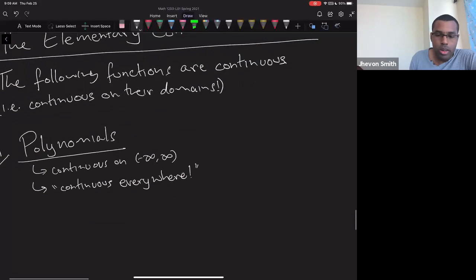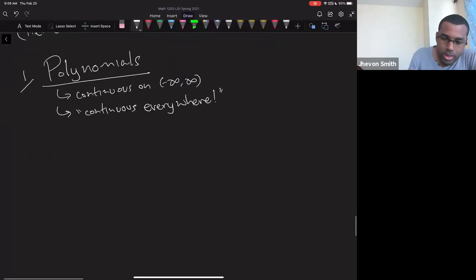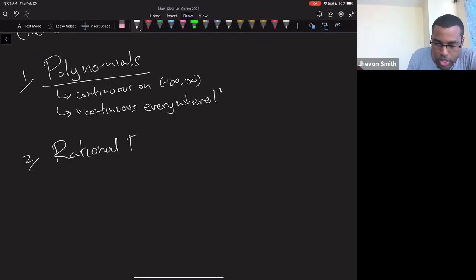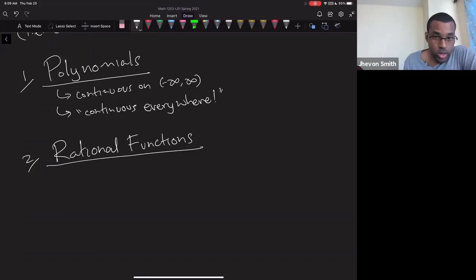Okay? So polynomials, that's one of them. Another kind of function, rational functions. We spoke about them last time. Ratio of polynomials. These guys are also continuous on their domain, meaning as long as you're not plugging in anything that makes the denominator 0, you're golden, right? At any other point, you'll be able to sketch through it without lifting your pencil off the page.